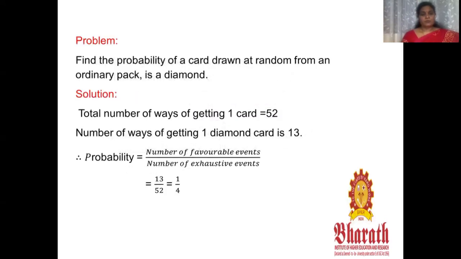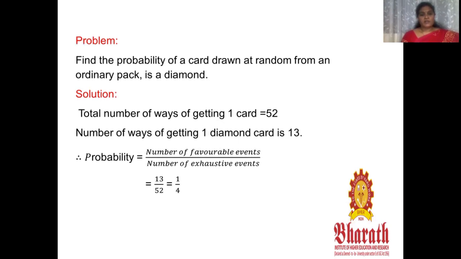Problem number 2. Find the probability that a card drawn at random from an ordinary pack is a diamond. Solution. The total number of ways of getting one card is equal to 52.